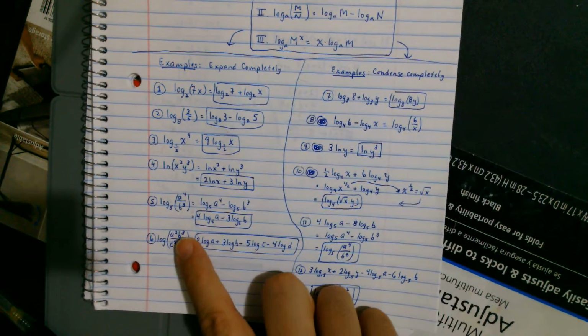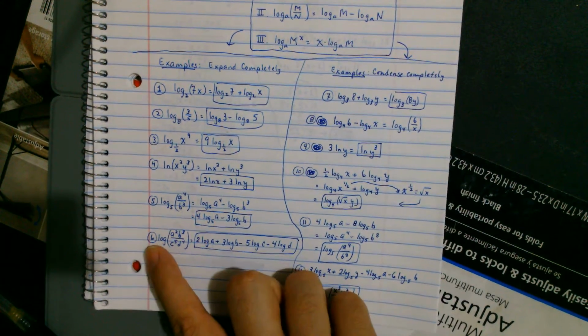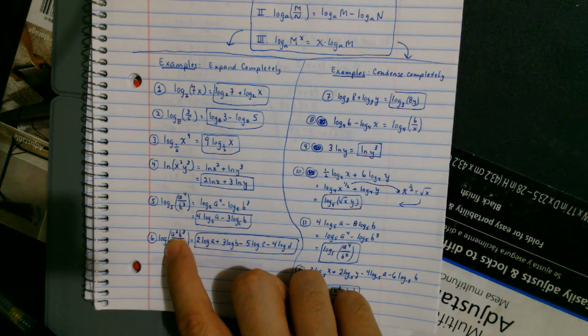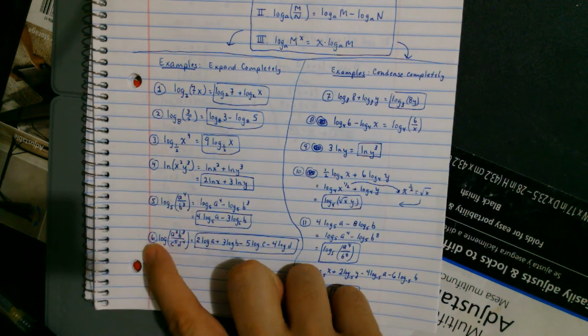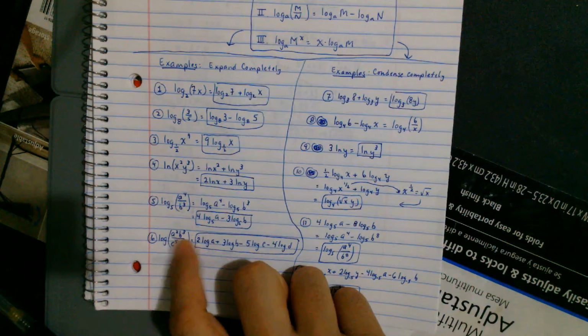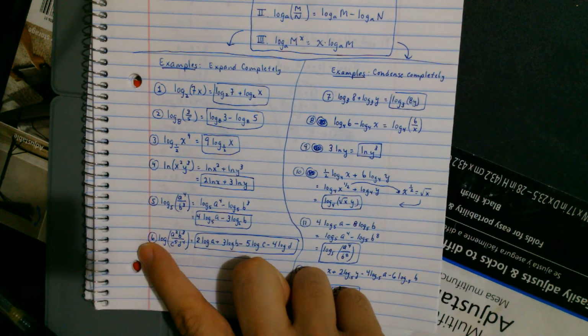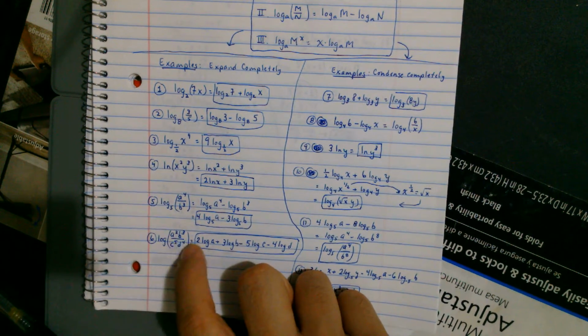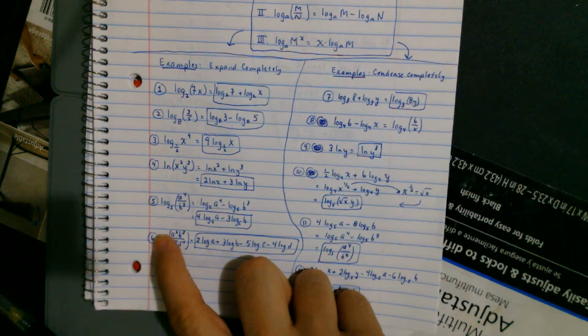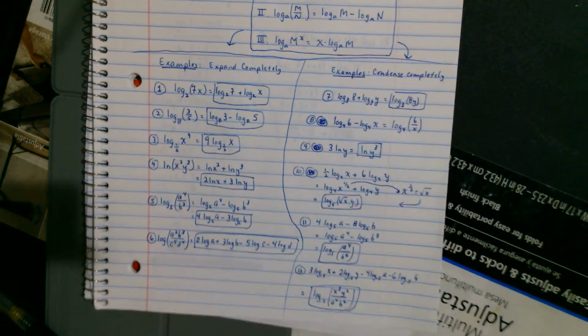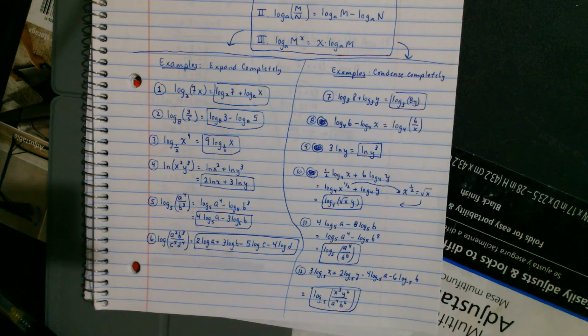So it's 2 log A plus 3 log B minus 5 log C minus 4 log D. And that's what's called expansion. We're making everything bigger, wider, using essentially the formulas.